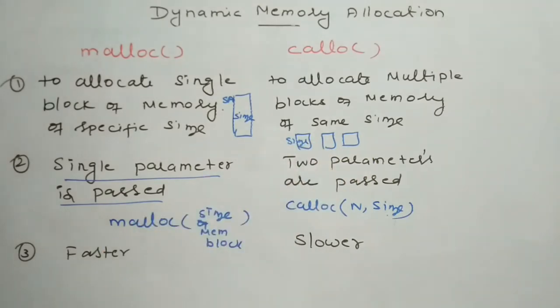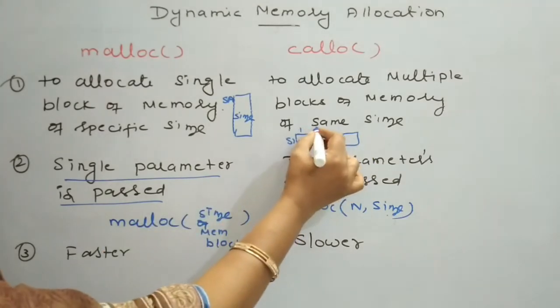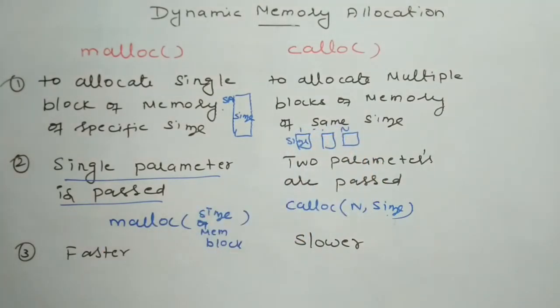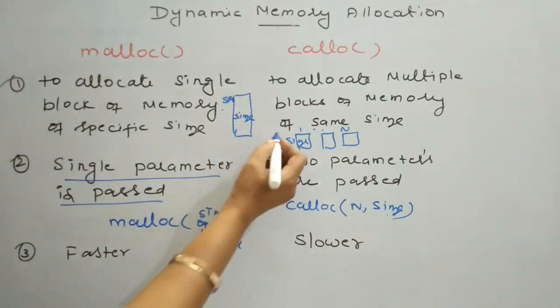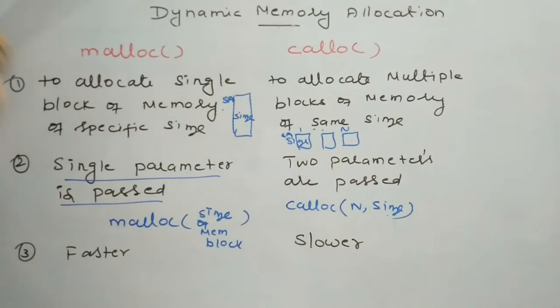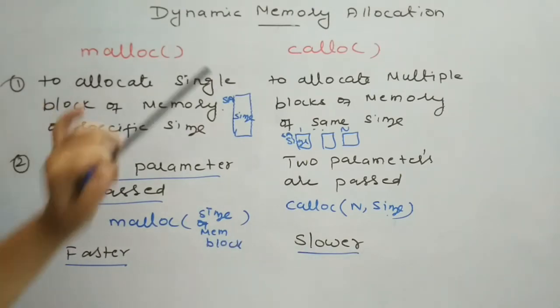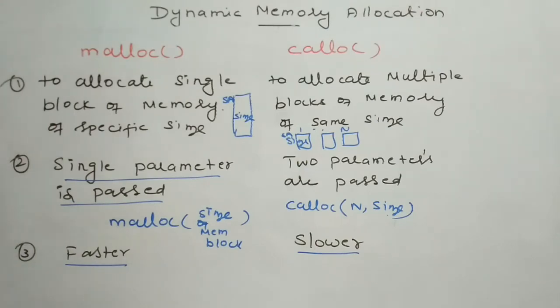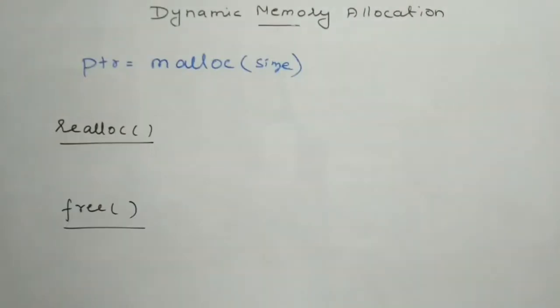So 1 to n number of blocks will be allocated of the size specified and the starting address of the first block will be returned by this calloc function. Considering which one is faster, malloc works faster compared to calloc. That is the basic difference between malloc and calloc function.